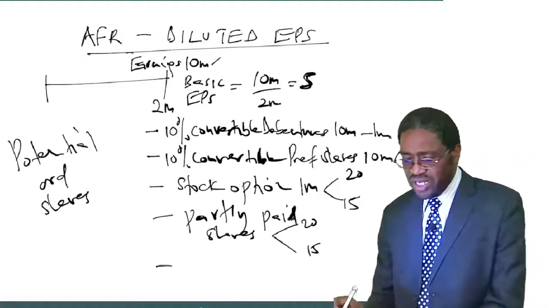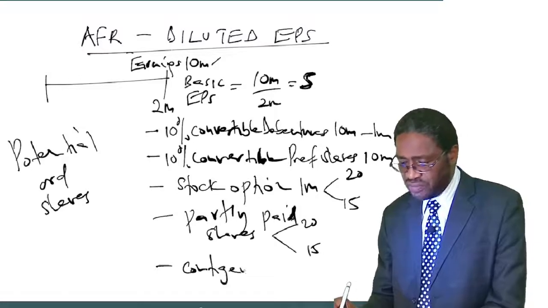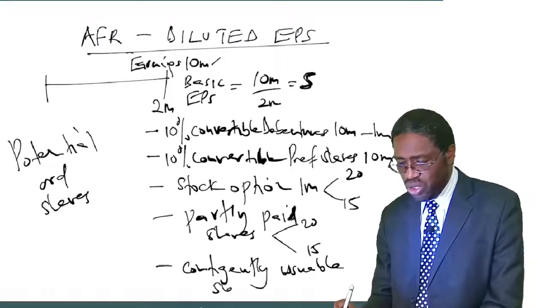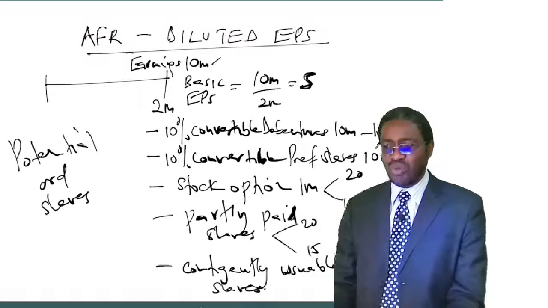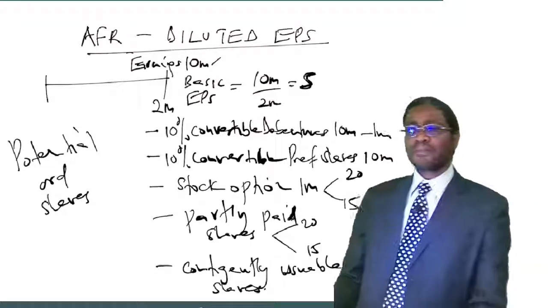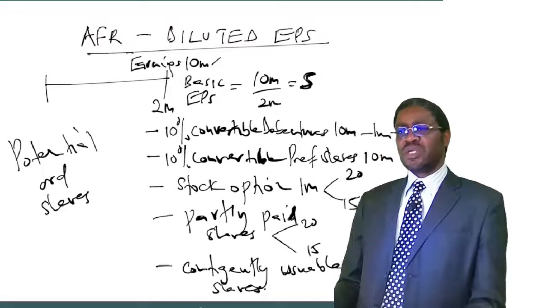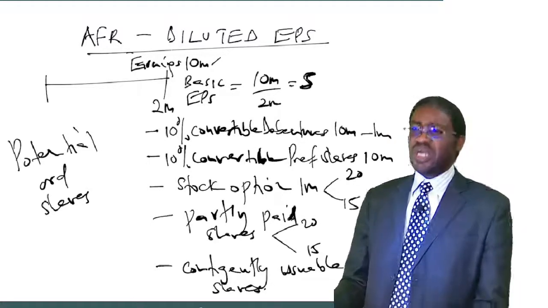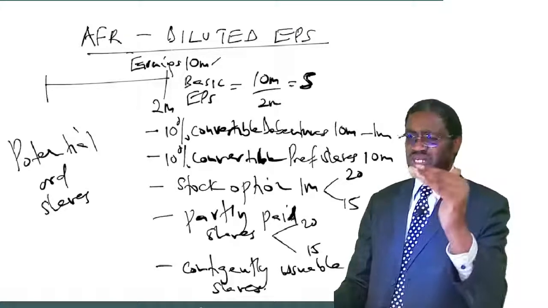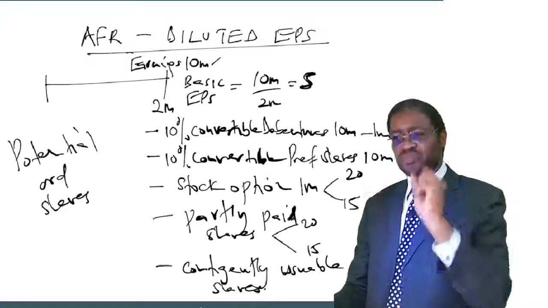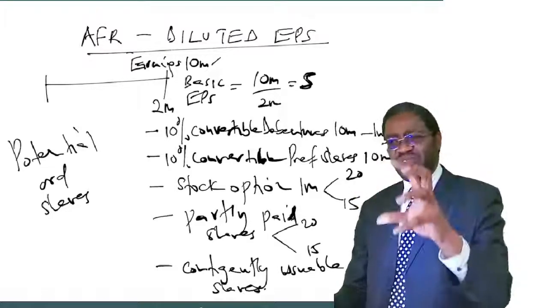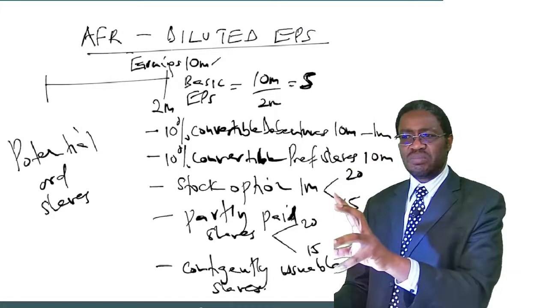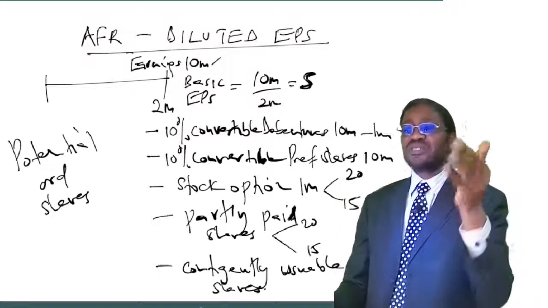The last one is what we call contingently issuable shares. Now listen, there are some companies which promise their managers, if the price of the company shares exceeds this much, or if the profit of the company exceeds this much, then you as managers will be given some shares.